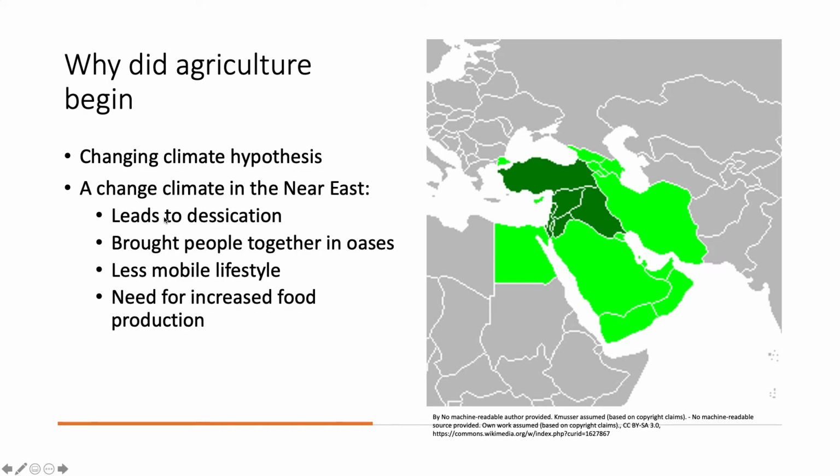A changing climate led to desiccation in the Near East, which caused people to huddle together in oasis areas where you have fertile ground, and that resulted in a less mobile lifestyle. So you have people in one place, and it's impossible for them to move around because of the changing climate, and you need a lot of mouths to feed. So they were forced to innovate, and the result was agriculture.